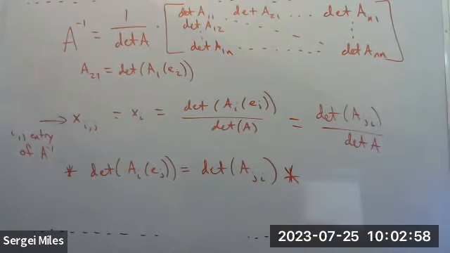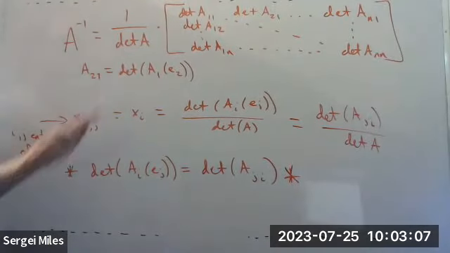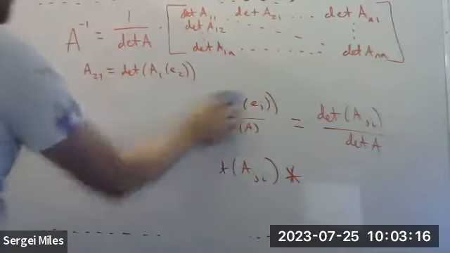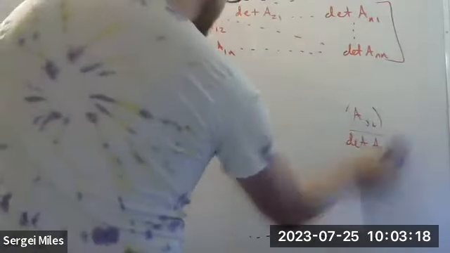But this now gives us a formula for finding the inverse of any matrix. But again, in order to find an inverse, it has to be invertible, which means the determinant of A is non-zero. But we already knew that. Okay, good. So some other points I want to highlight here.